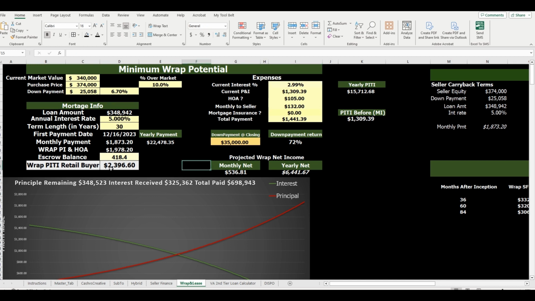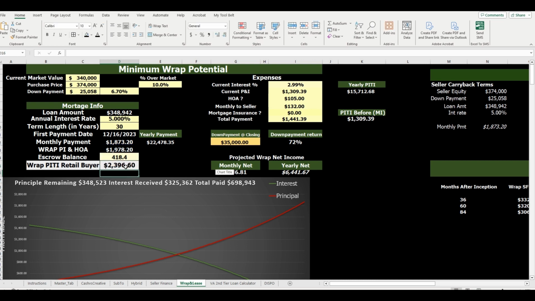Now, we can see here at the very bottom that the wrap PITI to the retail buyer is going to be almost $2,400 a month. The $2,400 a month takes into account the original principal and interest, which is the note that you are creating, plus the HOA, which in this case we do have, plus the taxes and the insurance that the retail buyer is going to be responsible for.